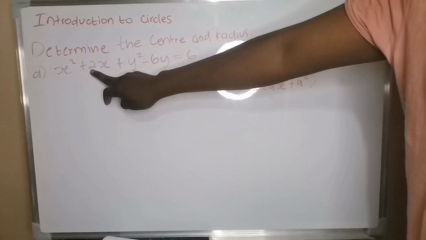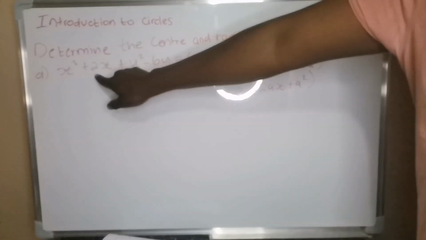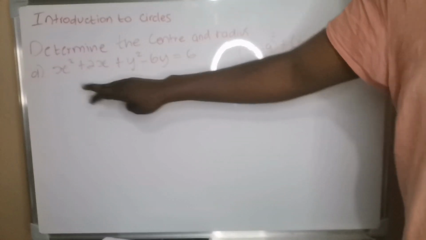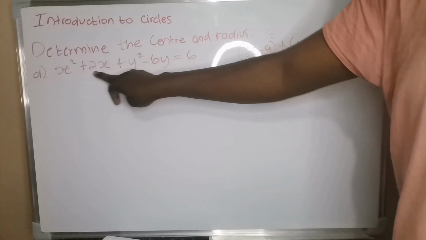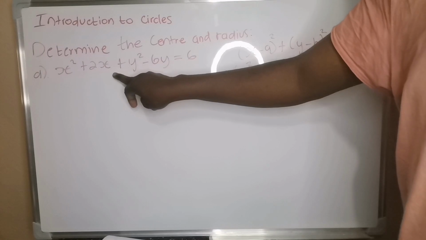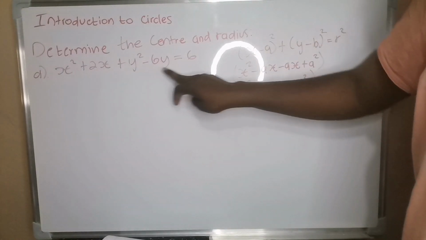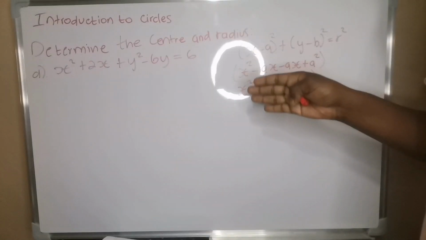You divide your second term, 2x. And if you have four terms here, you will divide the second term for x squared and the second term for y squared, 2x and 6y. Remember the quadratic ax squared plus bx plus c.